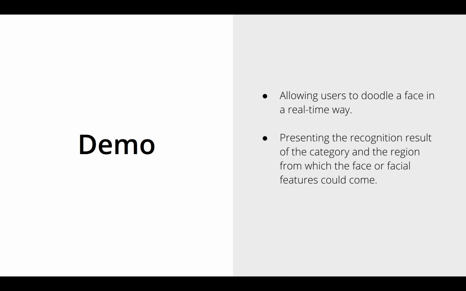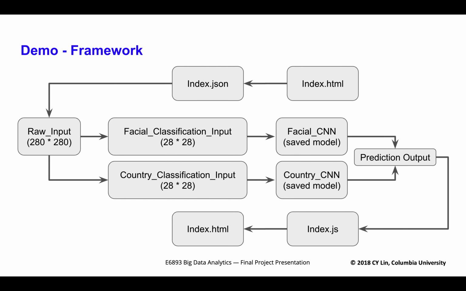And here is our demo part. Our demo allows users to doodle a face in real time and presents the recognition result of the category and the region from which the face or facial features could come. The framework of our system is just like that. We have a front end that allows users to draw doodles and save the input as a PNG file.